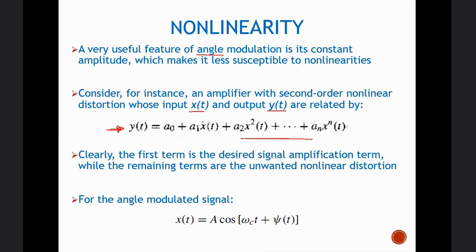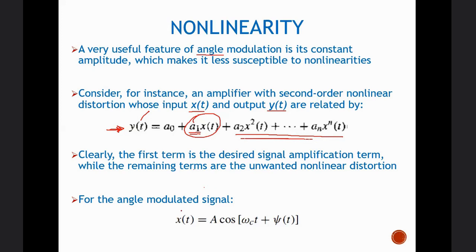The first term here is the desired term. We want an amplifying factor A1 multiplied with x(t), and this is the output that we desire. But unfortunately, due to the nonlinear nature of amplifiers, especially high power amplifiers, we have other terms as well. They cause nonlinear effects.